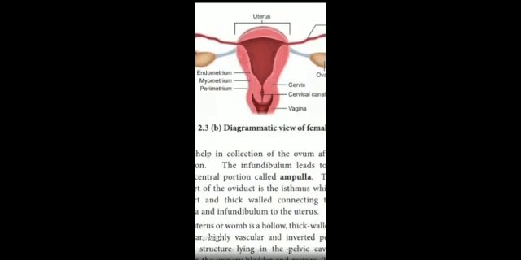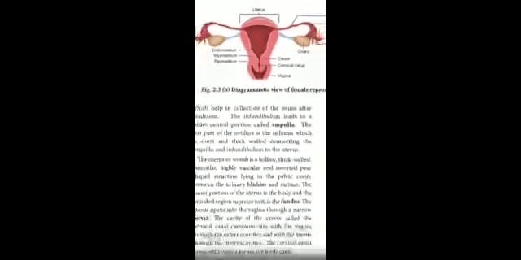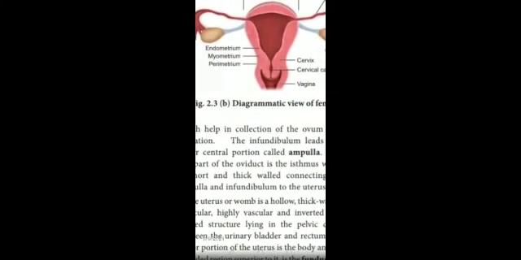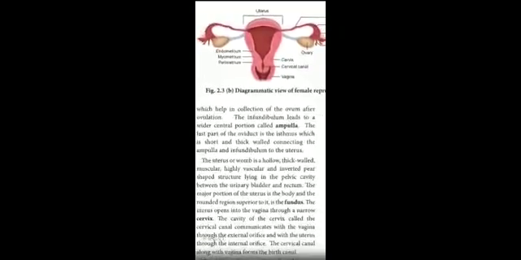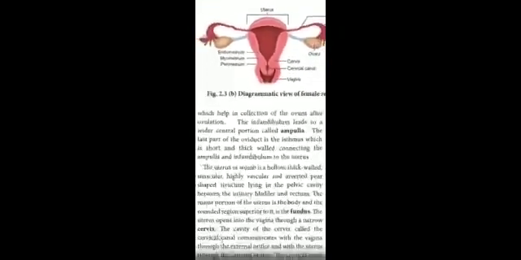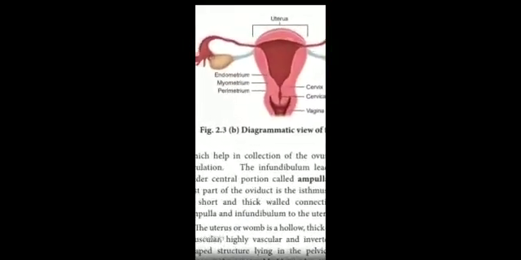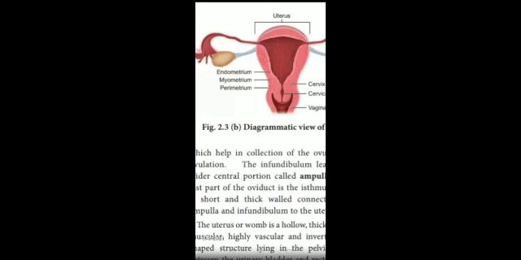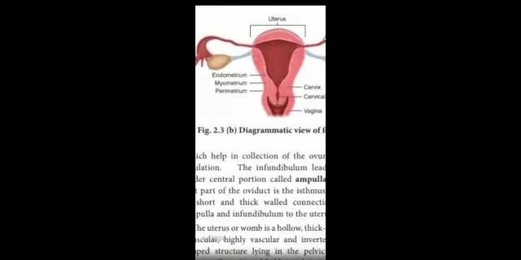Here the major portion of the uterus is the body, and the rounded region superior to it we call the fundus. Here the top one we call the fundus, and the remaining whole part we call the body.